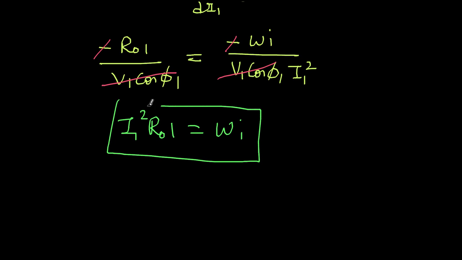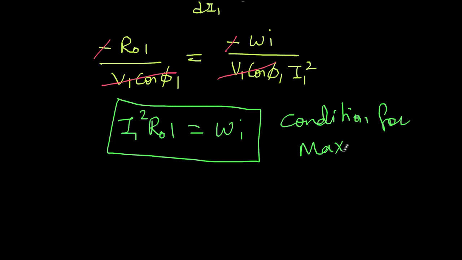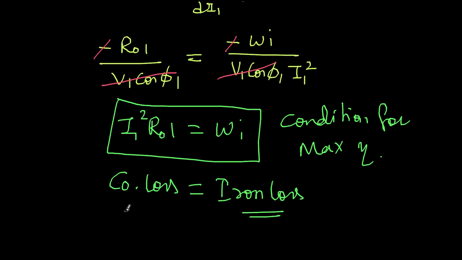This is the condition for maximum efficiency. Maximum efficiency will occur at that value of I1 which satisfies this condition, that is, copper loss is equal to iron loss. Iron loss is anyway a fixed quantity, copper loss is a variable quantity. For a particular value of copper loss, if it matches with the iron loss, then maximum efficiency occurs at that value.